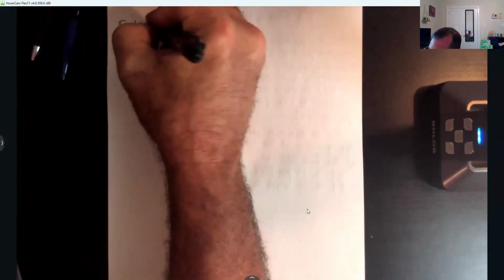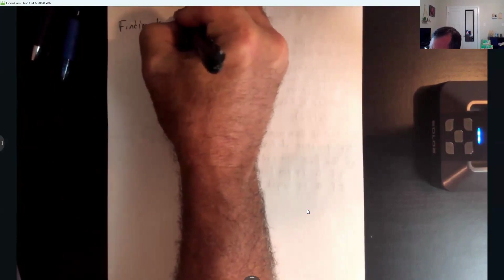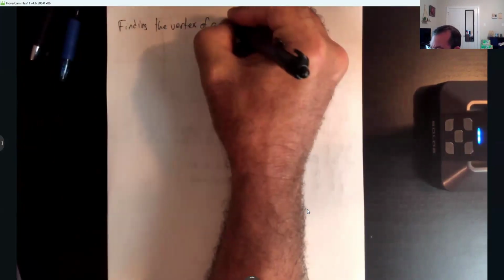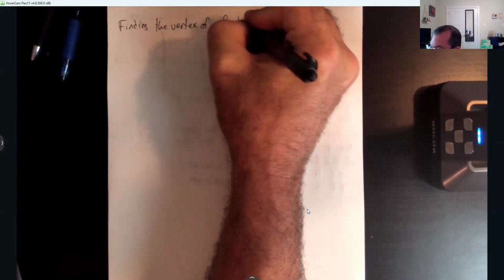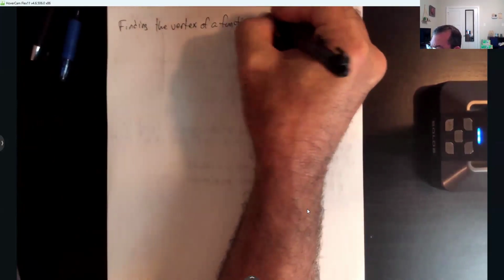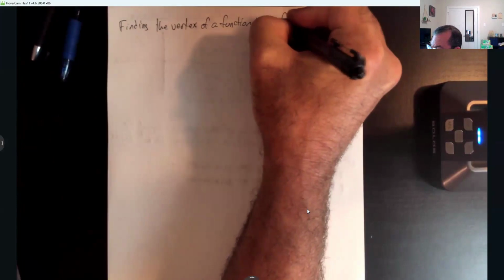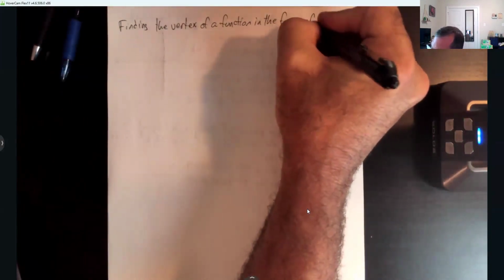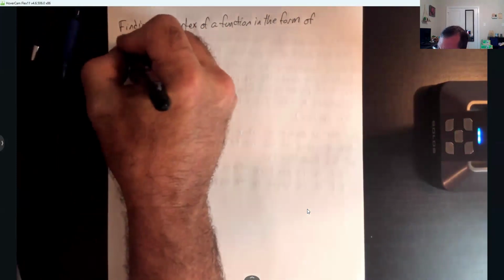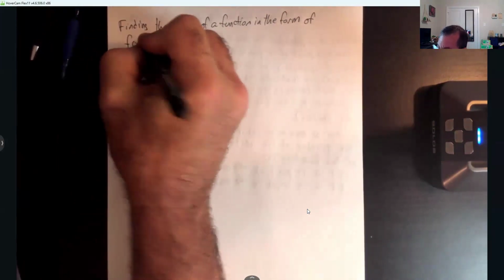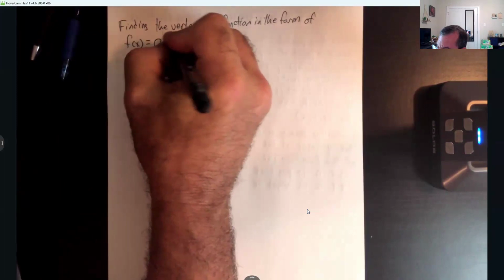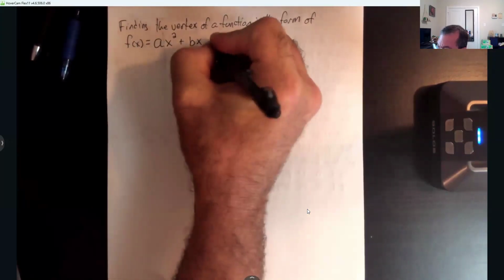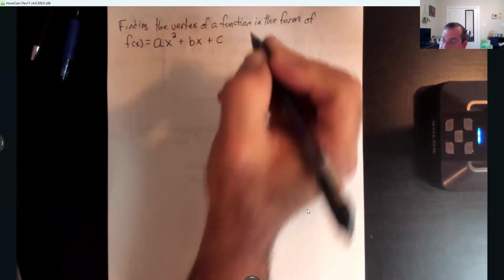So, finding the vertex of a function in the form of f of x equals ax squared plus bx plus c.